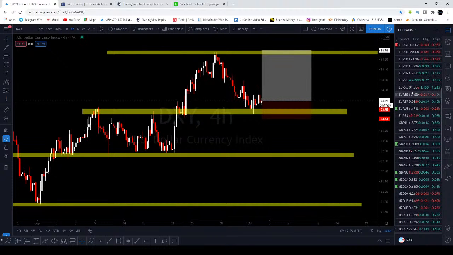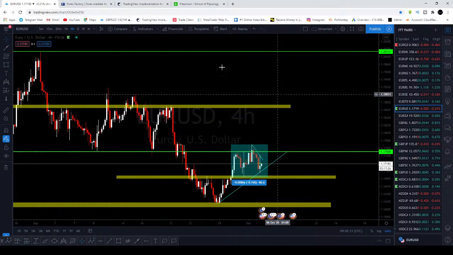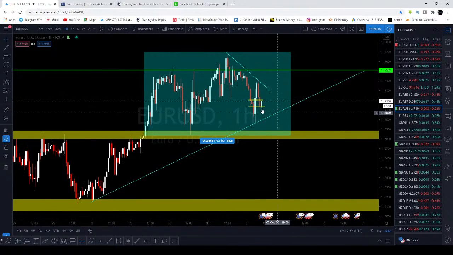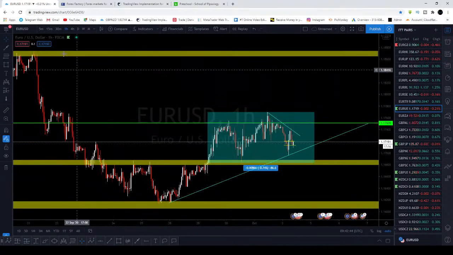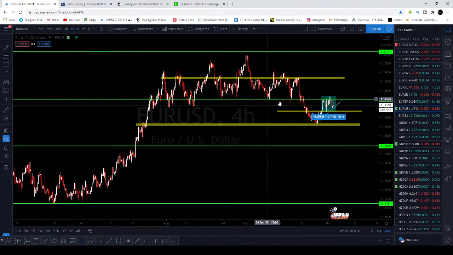Where's Euro USD? Okay. Euro USD is going to sell while that is buying. And as you can see, I've done the analysis for Euro USD as well. But on the 4 hour time frame, you'll see that right here it is reacting to this support.